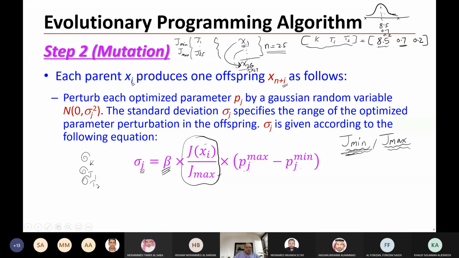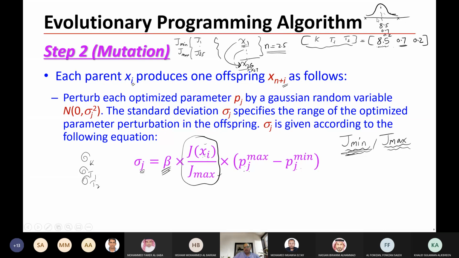This is the standard deviation, and then you need to generate a random number with the average value equal to 0 and the variance equal to sigma square. As we mentioned here, this is the Gaussian distribution.